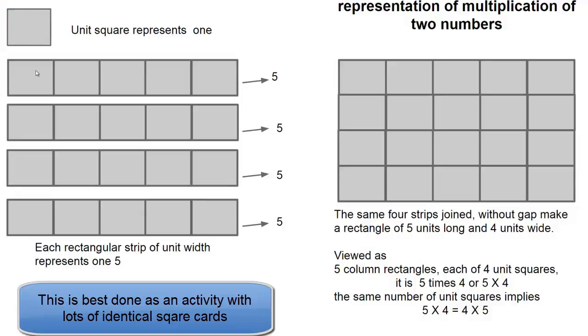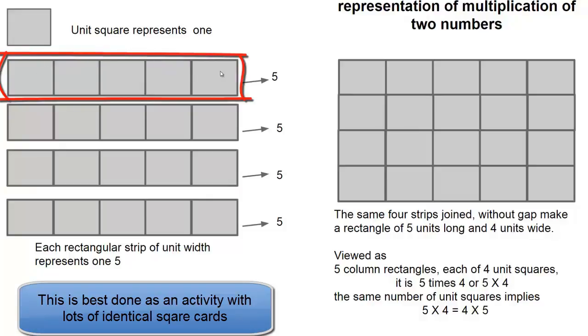And 5 of such little squares can be joined so that their outline becomes a perfect rectangle with length 5 times as much as the unit square, while its width remains the same as the unit square. We know this is a visual for 5. We also call it a row rectangle.